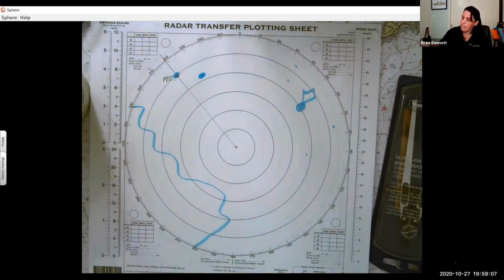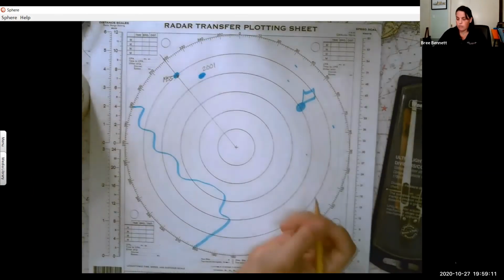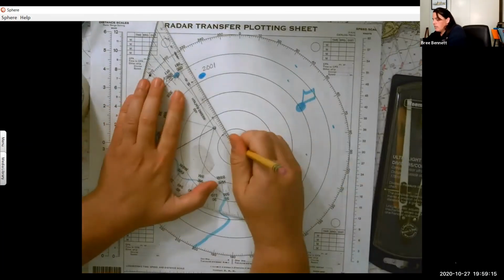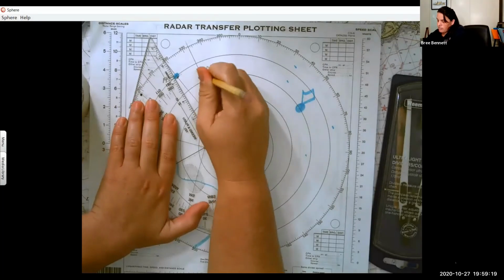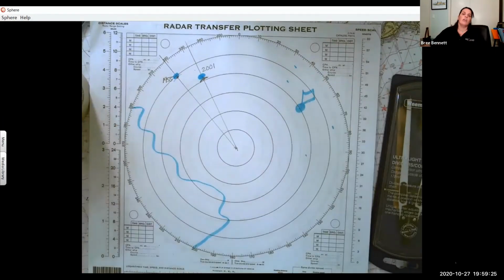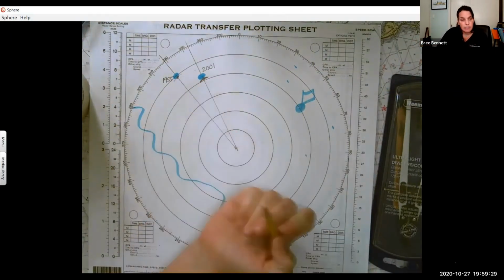So that's what happened at 2001. That's where it was. I got my EBL right in the middle of it and my VRM to say right there. So I have what it has done in 6 minutes.